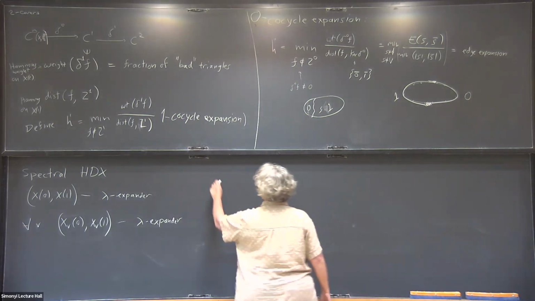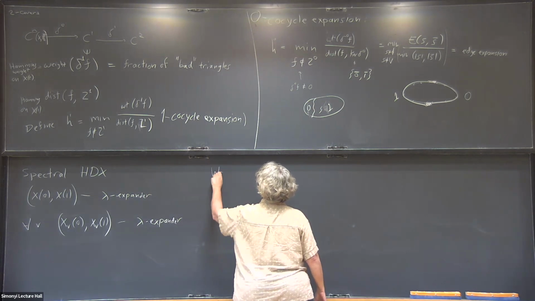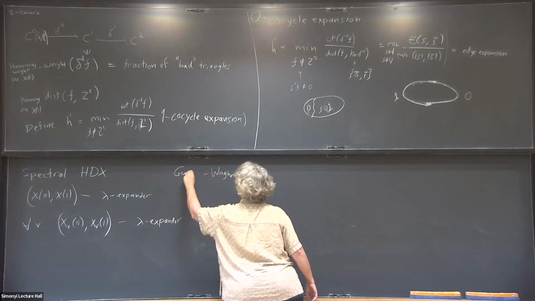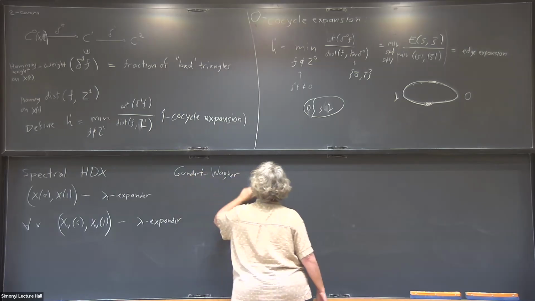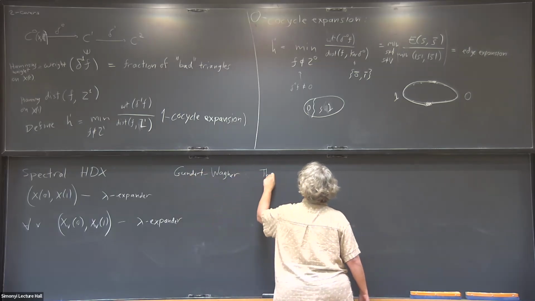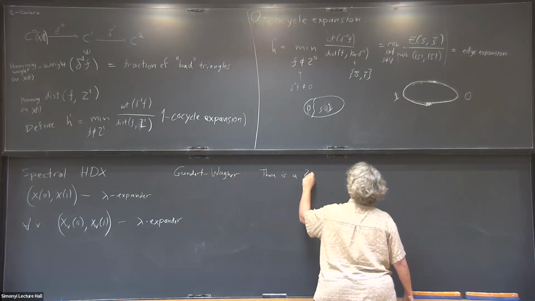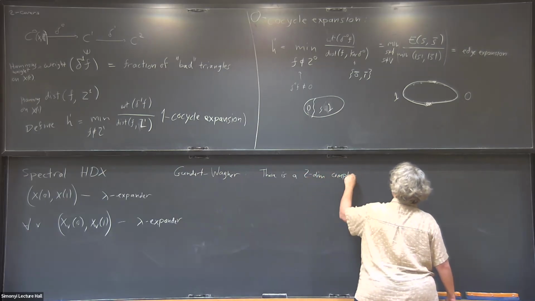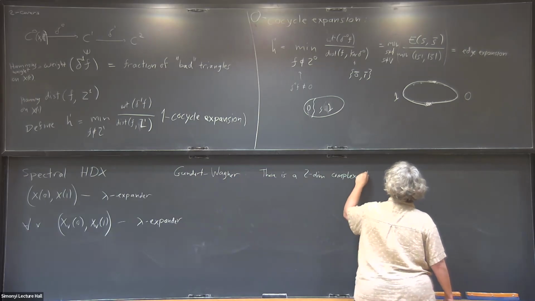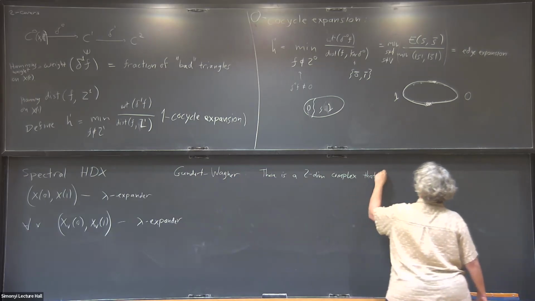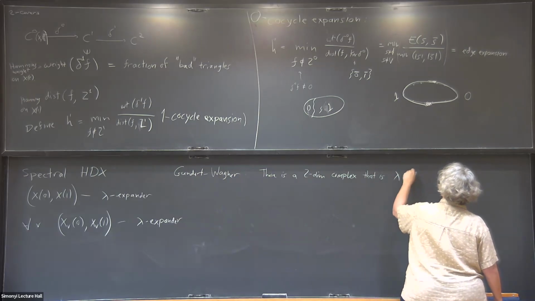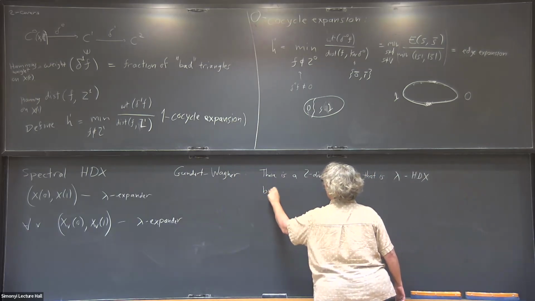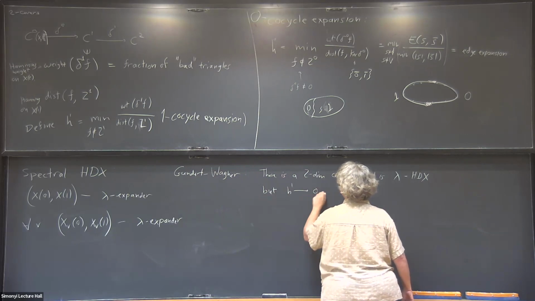So this is a result of Wagner and Gundels, I guess. Wagner says there exists a 2D complex that is a lambda HDX, but H1 is very small.